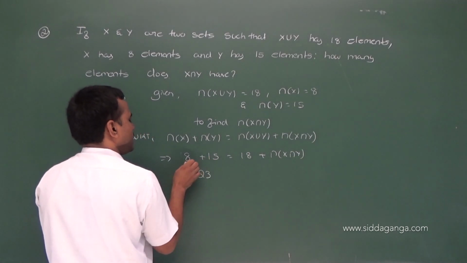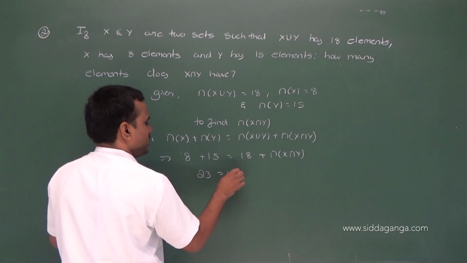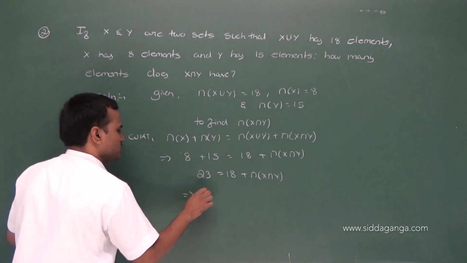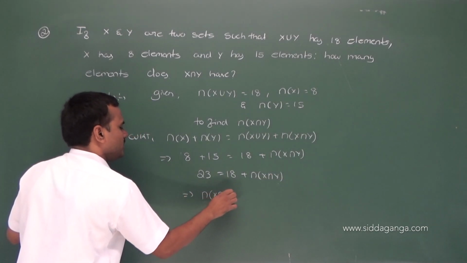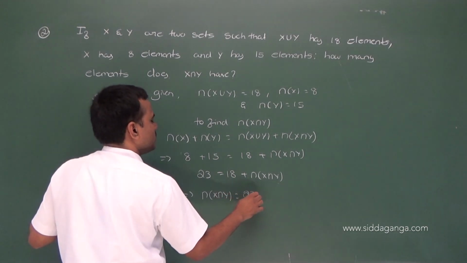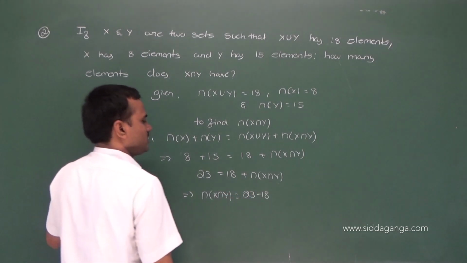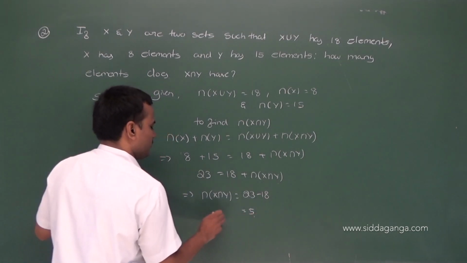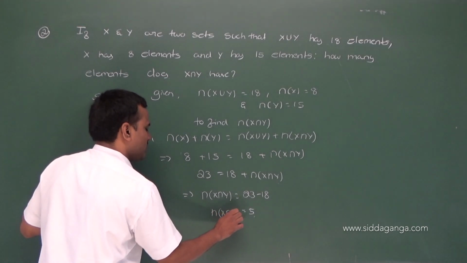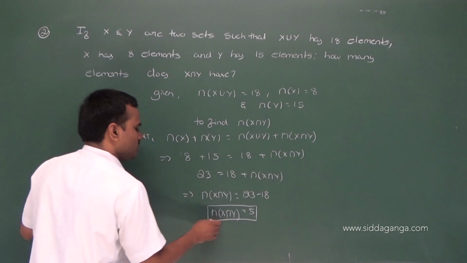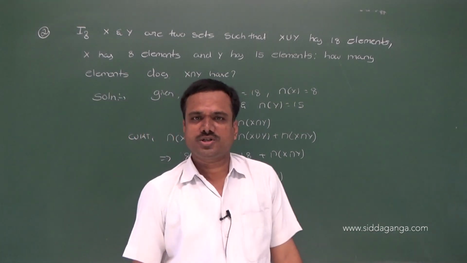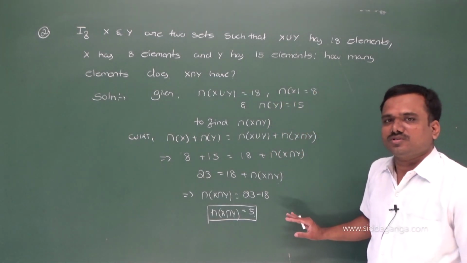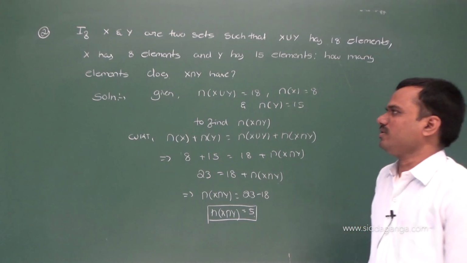So 23 is equal to 18 plus n of X intersection Y, that implies n of X intersection Y is 23 minus 18. 23 minus 18 is how much? It is 5. Understand? See the problem? Understand? Next problem.